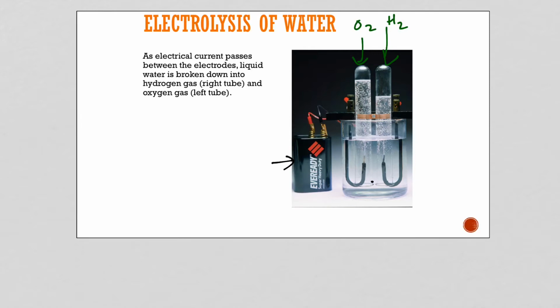Now, if we think about why is there a bigger area here? Well, think about water, right? If we have water going to hydrogen plus oxygen, if I were to balance this equation, I'm going to have 2 water go to 2 hydrogens and 1 oxygen there, because in our compound we have twice as much hydrogen as we do oxygen, so it makes sense that we're going to form twice as much hydrogen gas as we would oxygen gas.